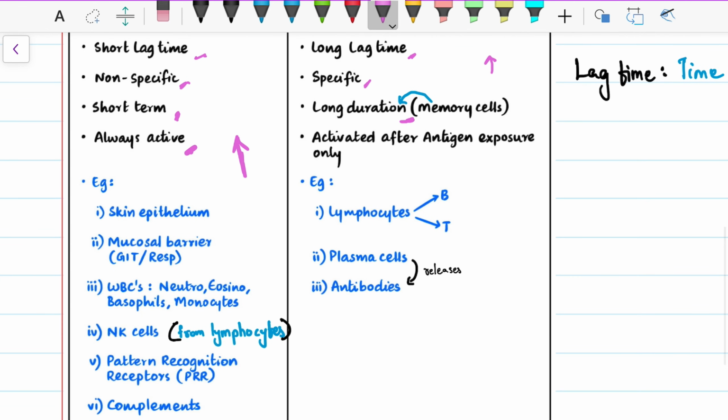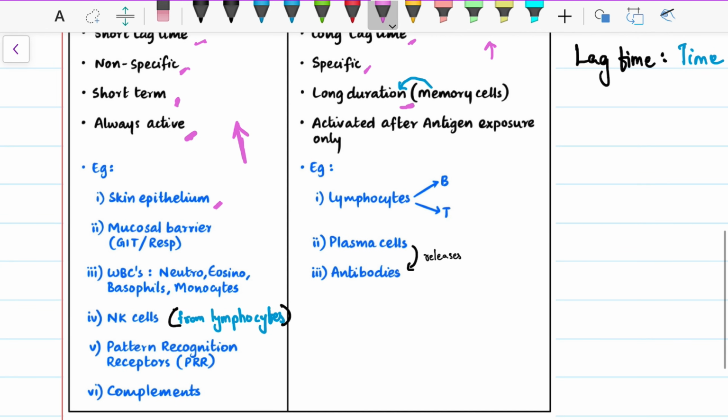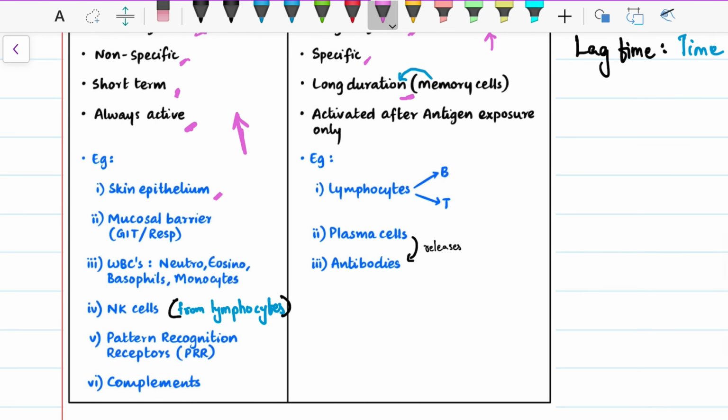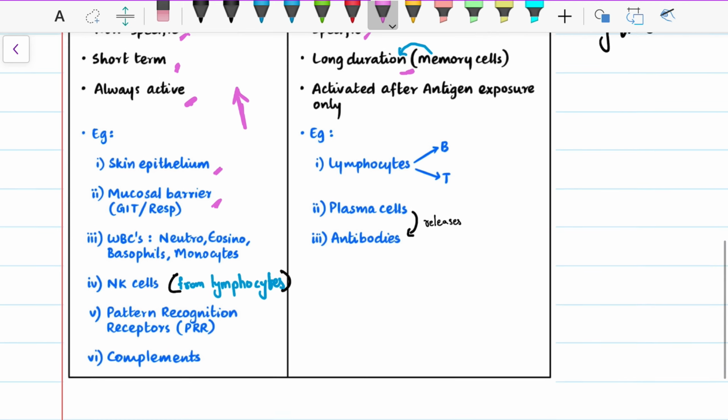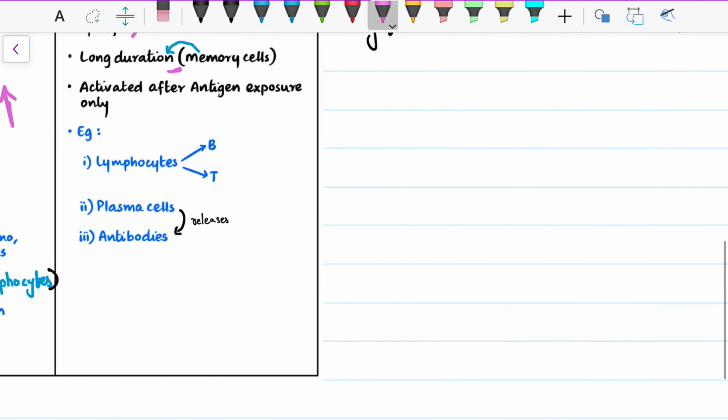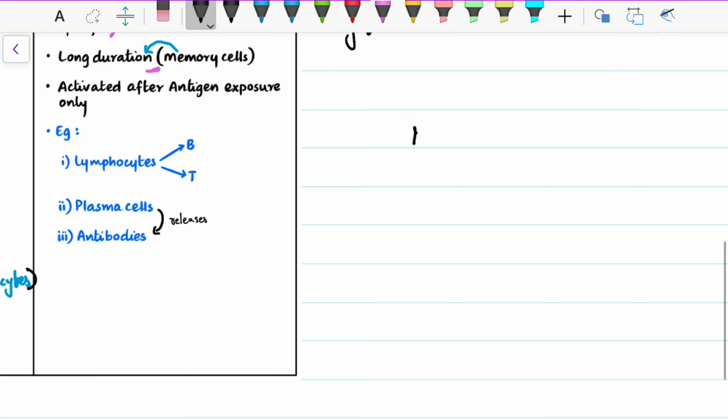So the examples are the skin epithelium, because our skin epithelium itself doesn't allow any pathogen present in our environment to easily enter into our cutaneous circulation. And then the mucosal barriers. And then the WBCs: the neutrophils, eosinophils, basophils, monocytes, and the NK cells. As you know, the lymphocytes are there, right?